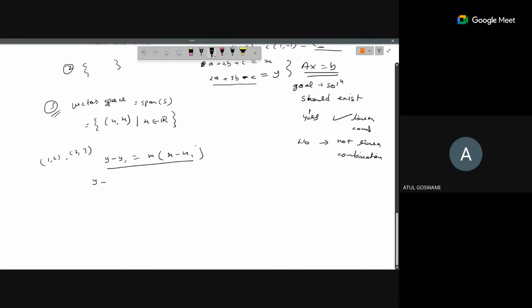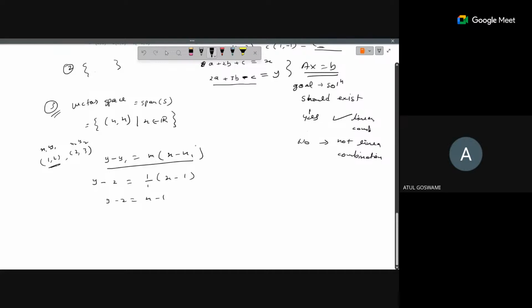This is x1, y1, so we take y minus 2, and m would be, do you know how to find m? m is y2 minus y1 upon x2 minus x1, which is 1 upon 1. So the equation of the line is y minus 2 equals x minus 1.